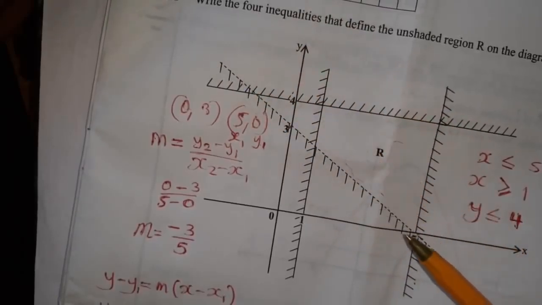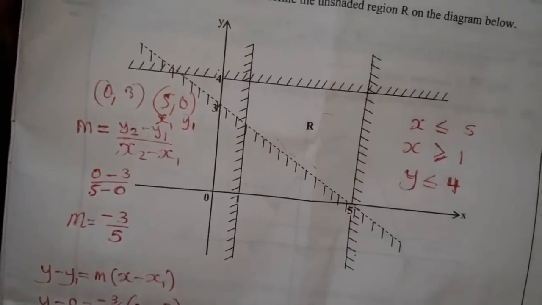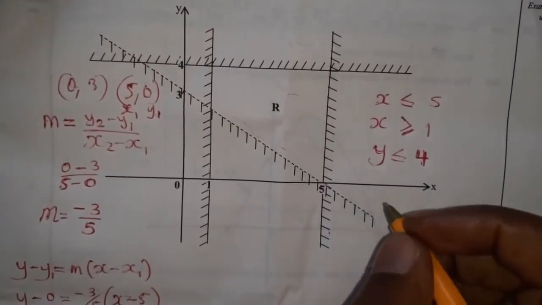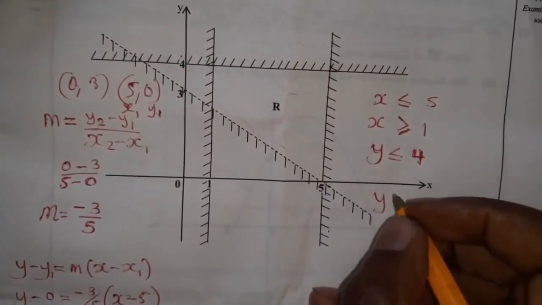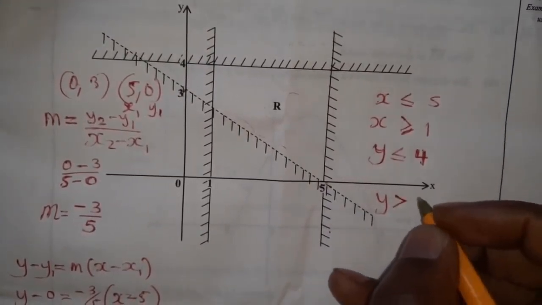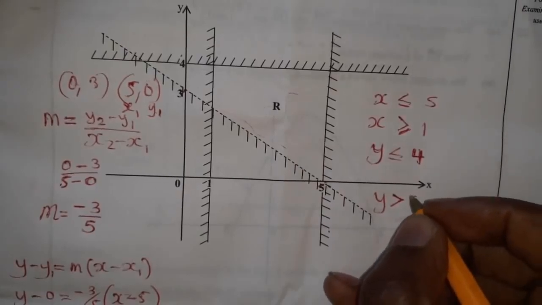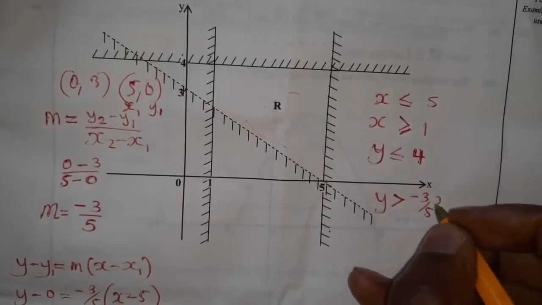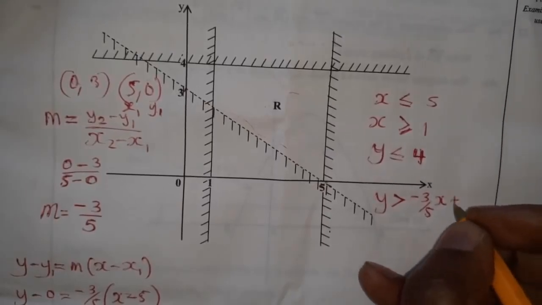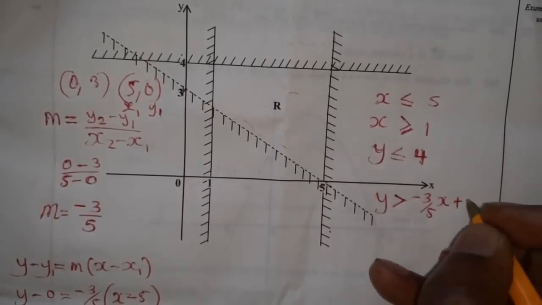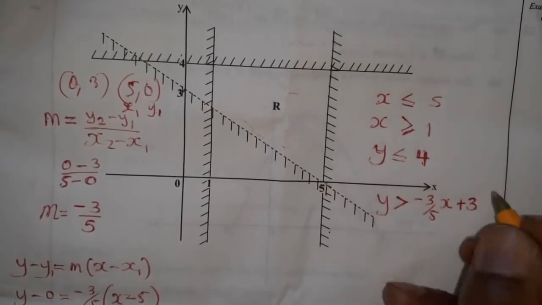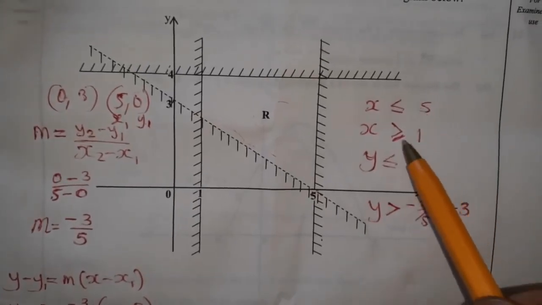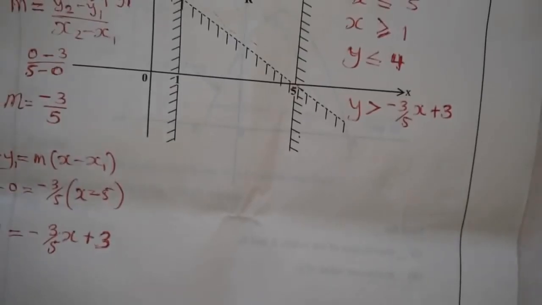Now, because the line is also dotted, we are going to say y is greater than negative 3 over 5x plus 3. We have 1, 2, 3, 4 inequalities that you are supposed to write down here.